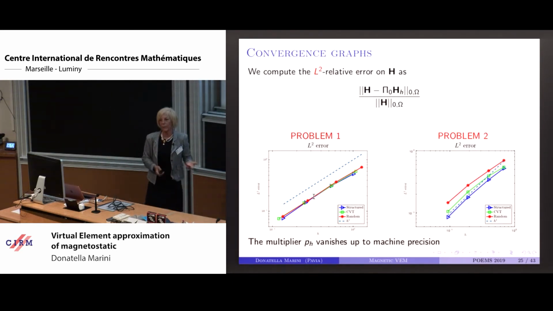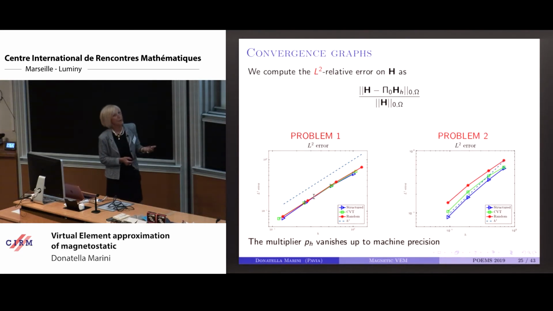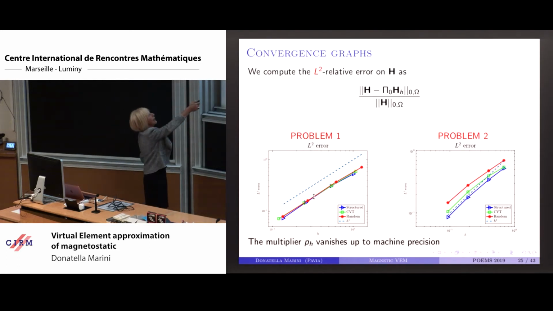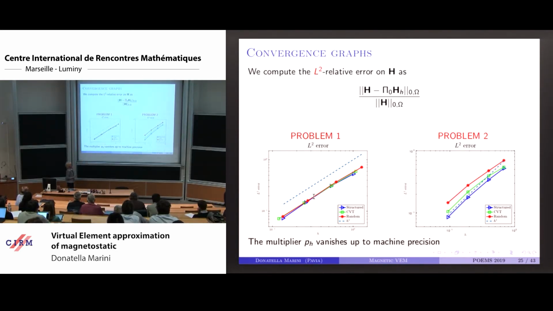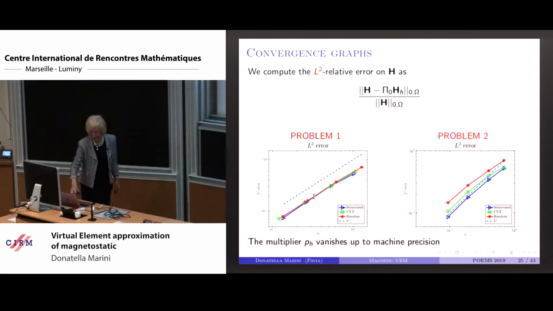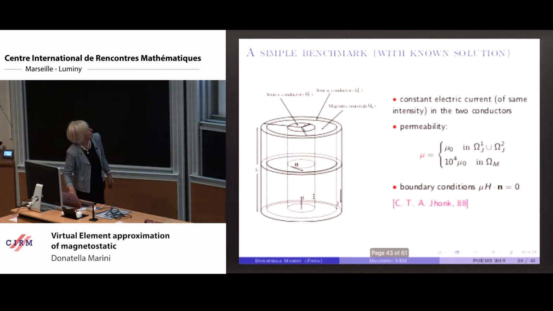When we compute the error, we would like to compute h minus h sub h, but we don't know h sub h inside, so we compute the error between h and the projection of the discrete solution onto constants, and these are the slopes for the different meshes from structured to random in L2 for the first problem, and for the second problem. So we see that everything goes as expected, and the scalar p_h vanishes up to machine precision.